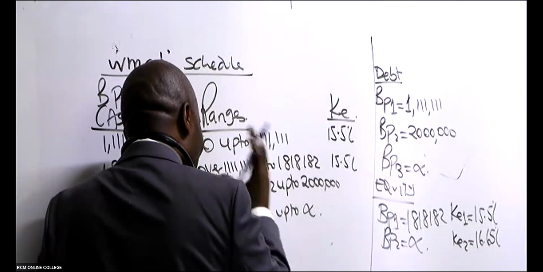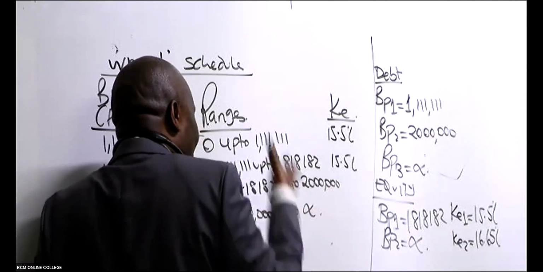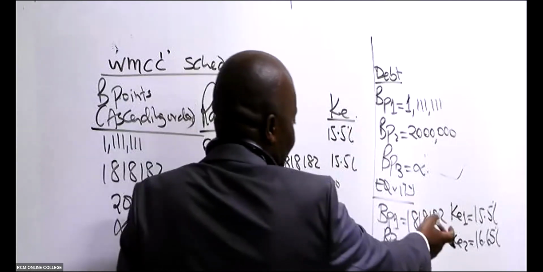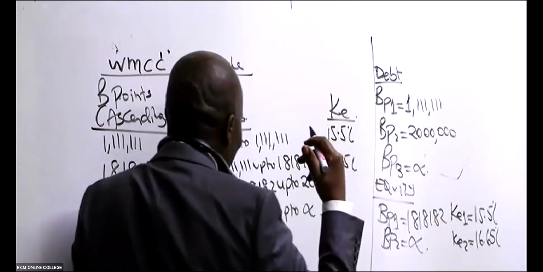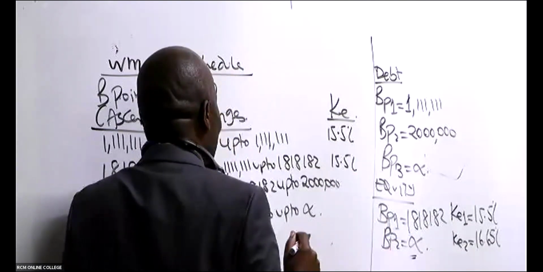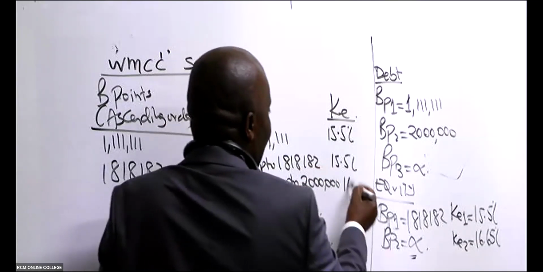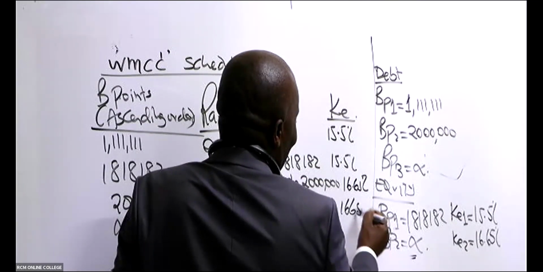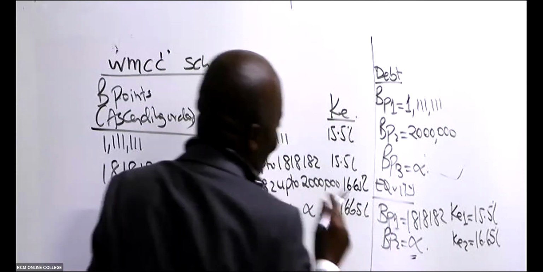Once we exceed this 18,182, we go to a higher and increased rate, which is 16.65%, which will run up to where? Up to infinity. So how many times do I write it here? Twice, because beyond this it will be 16.65, 16.65.